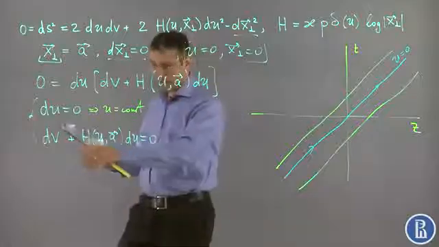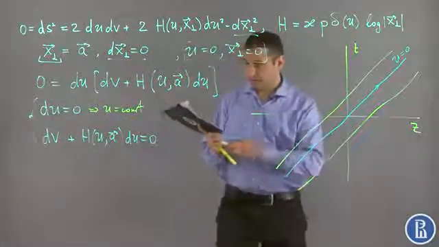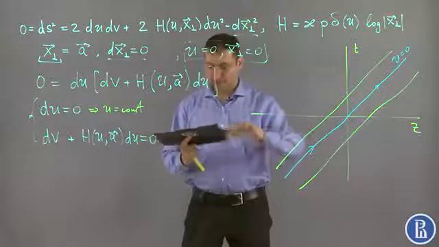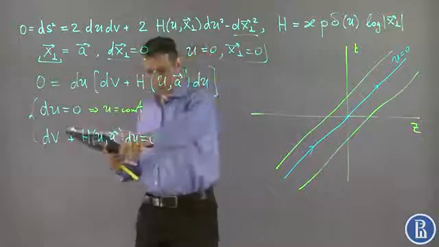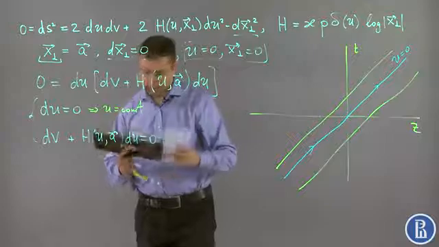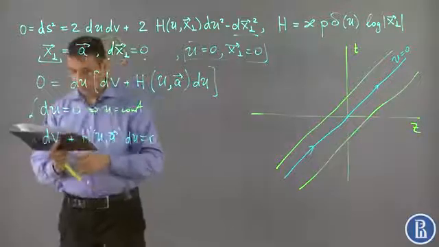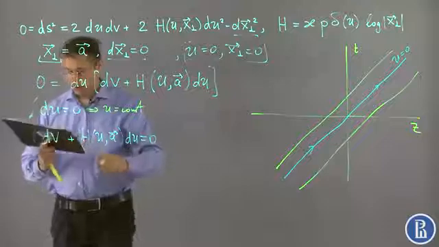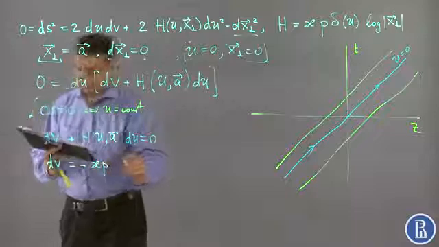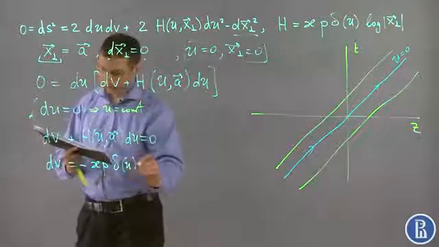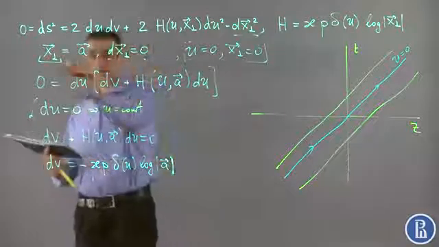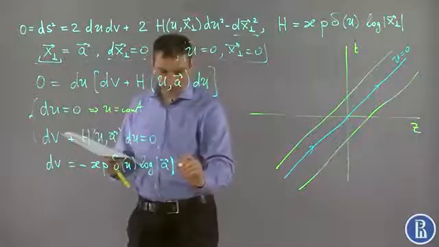But what happens with those which travel along this world line? That can be described according to this equation. And we have the following situation, that from this equation we obtain that dv is minus kappa p delta of u log of modulus a, because x perpendicular is equal to this, times du.